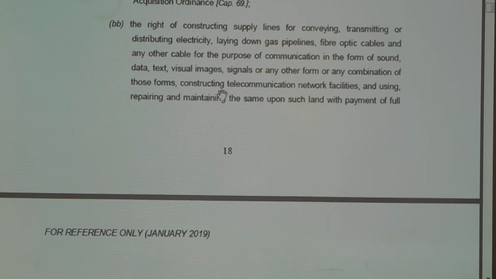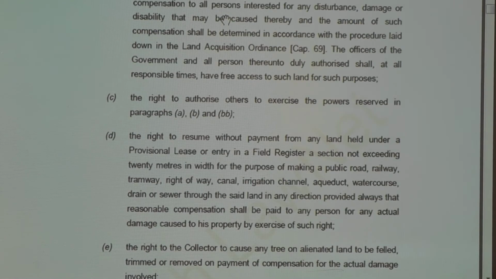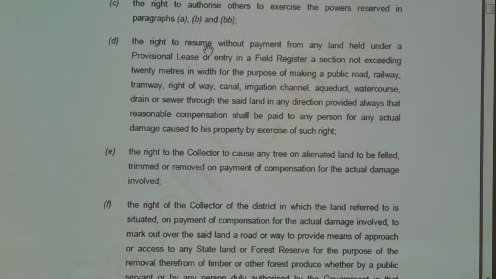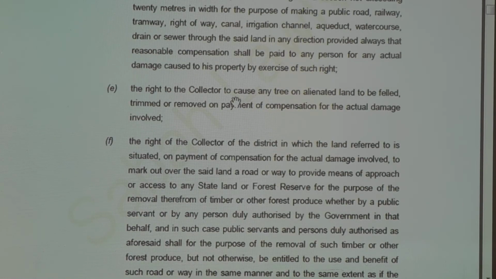This one was enacted only not too long ago for the construction of pylons, electric pylons, for the electric grid for Sabah. The right to resume without payment from any land held under provisional lease or field register, a section not exceeding 20 meters in width for the purpose of making any public road, farmway, okay, cause any tree on alienated land to be felled, trimmed.